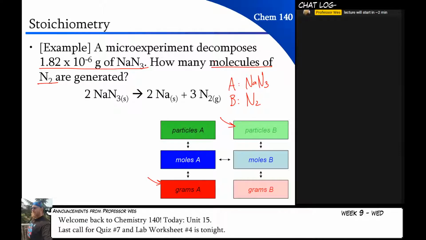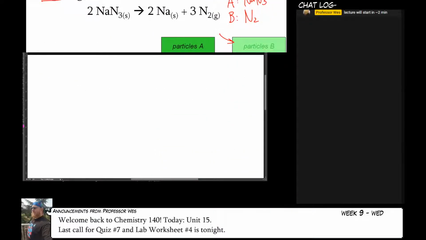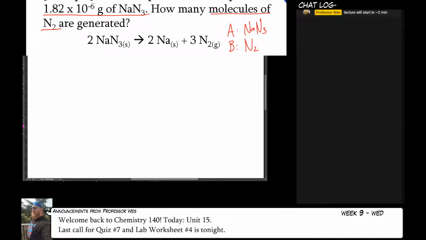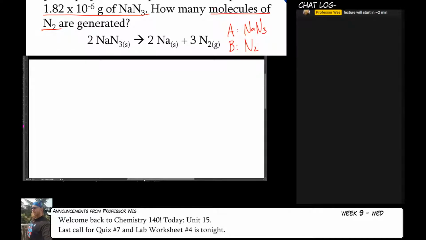All right, let's go over the answers here. Oh, I don't have everything on the screen here, so okay. There we go. So I'm giving you a small sample of sodium azide.